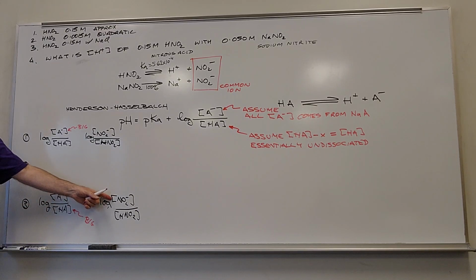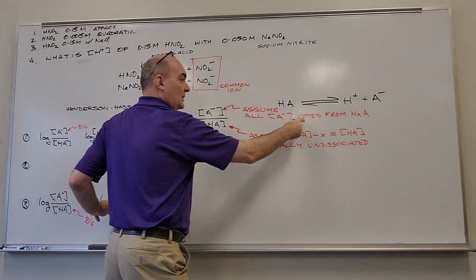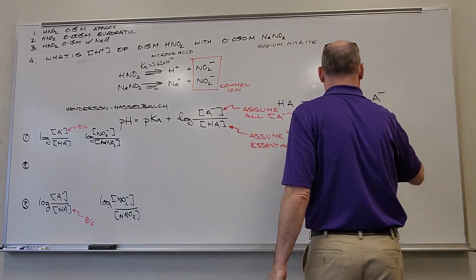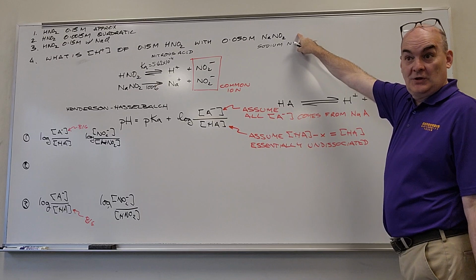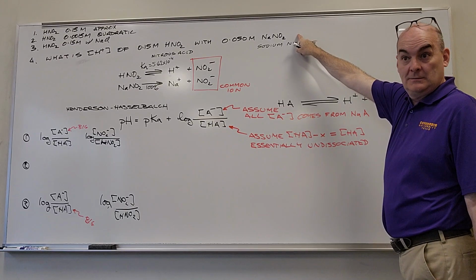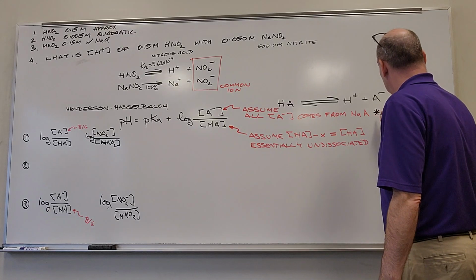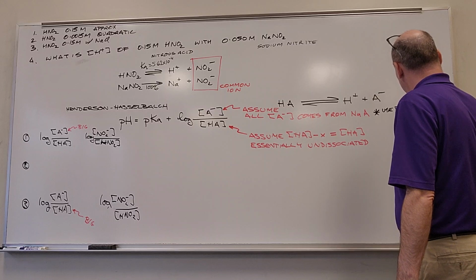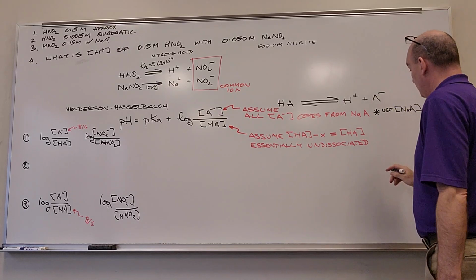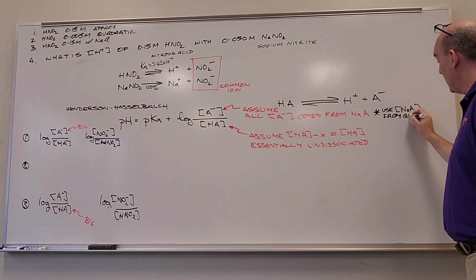What's the value for NO2 minus? 0.05. Assume all of this comes from the sodium salt, so we're just going to use the concentration of the salt. What this tells us is to just pull that concentration straight from the question.